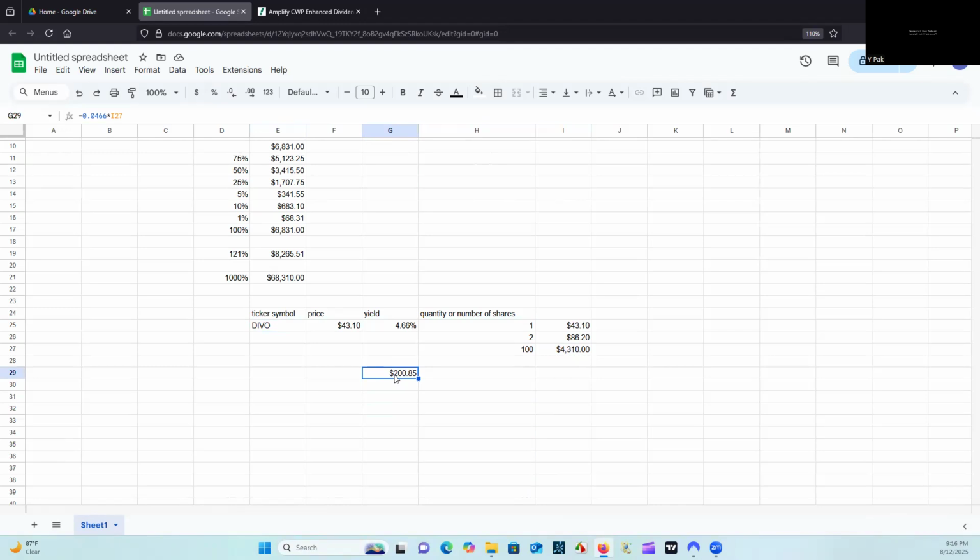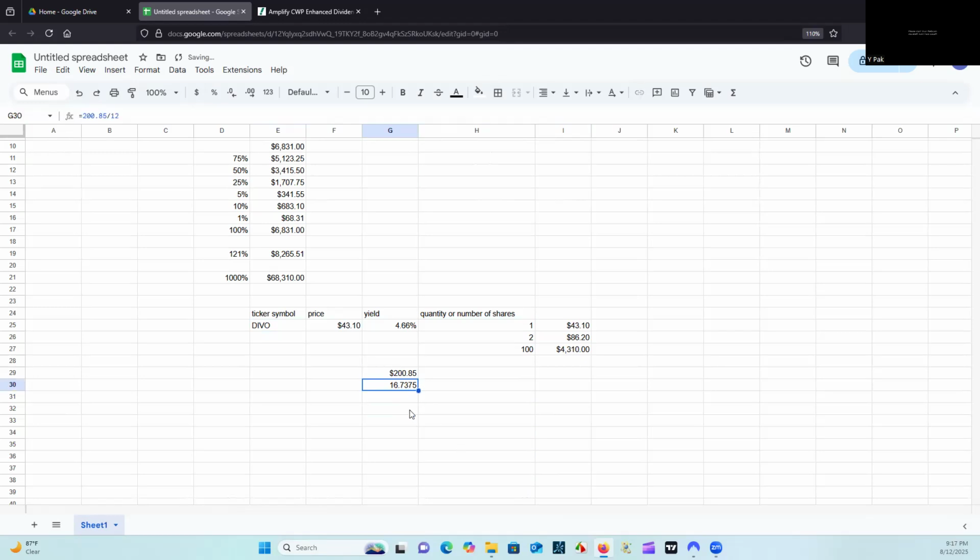Now it's $200 total for the year, but they pay every month. So how many months are there in a year? There's 12 months in a year. So you have to divide this by 12 to get how much they're going to pay you per month. This is how much they're going to pay you per year, but there's 12 months in a year. Does that make sense? So let's divide this by 12.